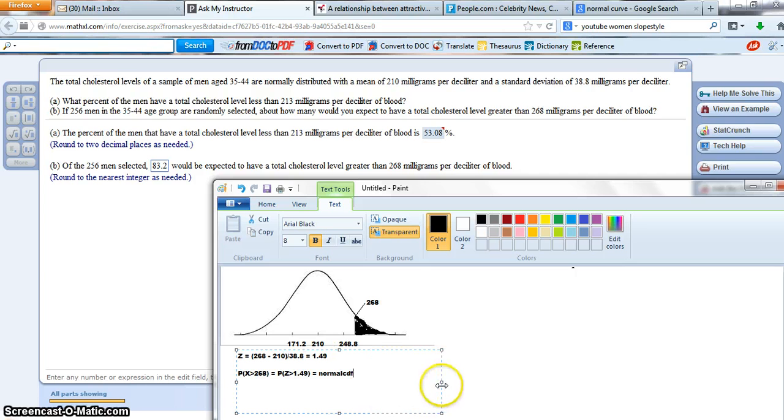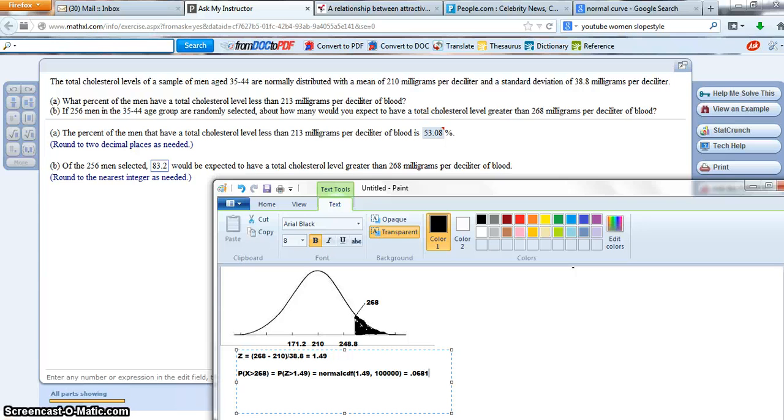I'm going to put in my lower limit, which is going to be my z-score, 1.49. I'm going to put in my upper limit, which is going to be infinity, which I'm using 100,000 for. Distribution list, normal CDF. I put in 1.49, comma, 100,000. That gives me 0.0681.